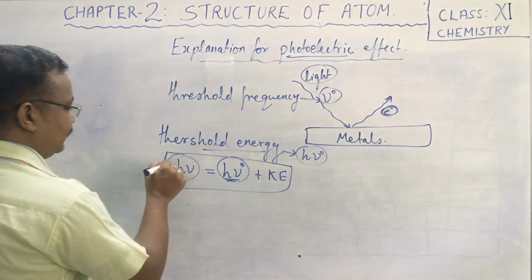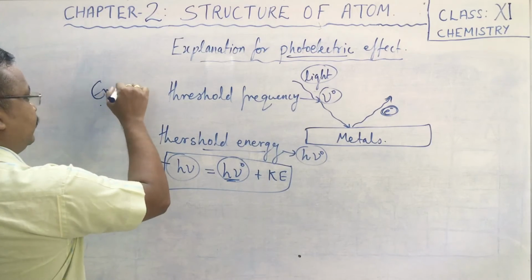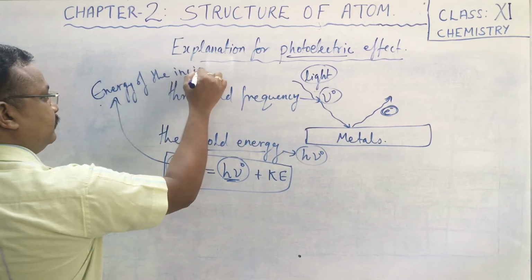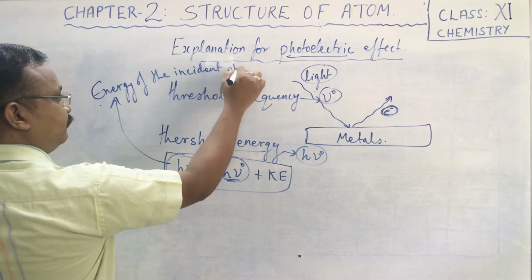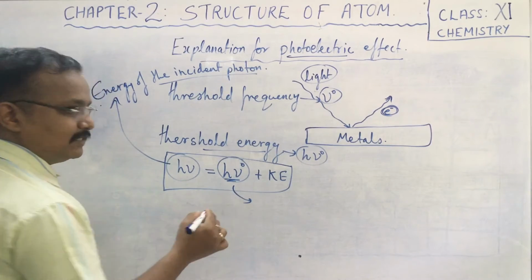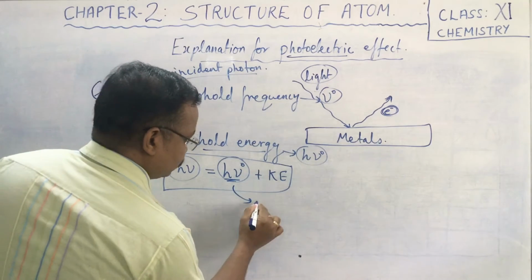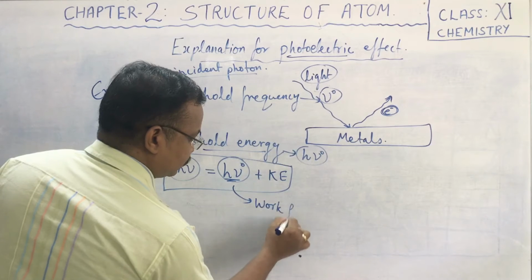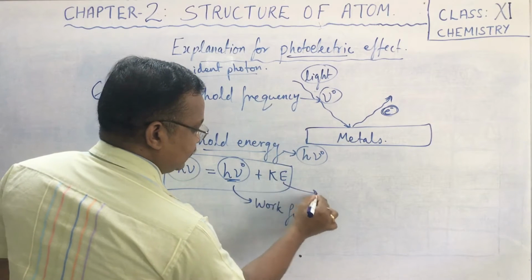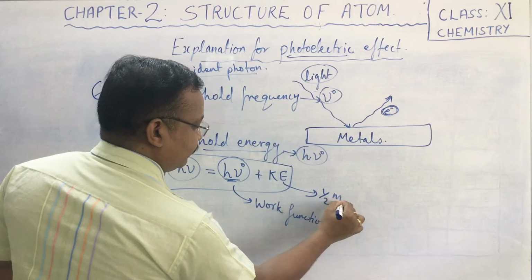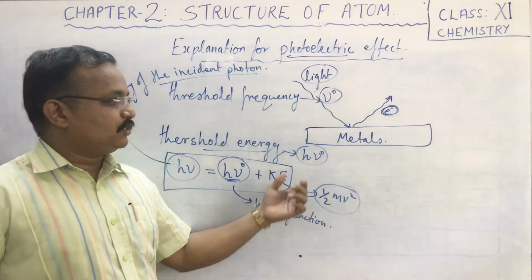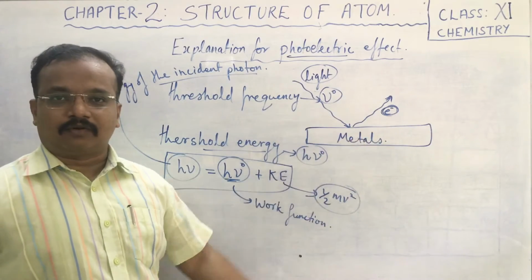Children, here h nu is the energy of the incident photon, and h nu zero is the threshold energy, which is also called the work function. And this kinetic energy is half m v square, the kinetic energy of the ejected electron.